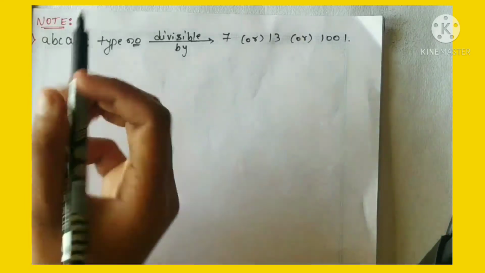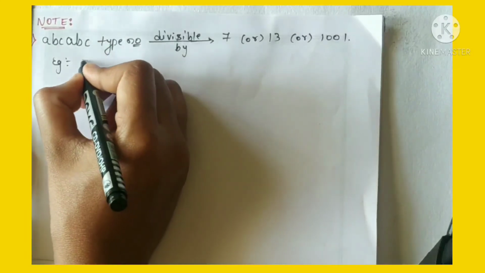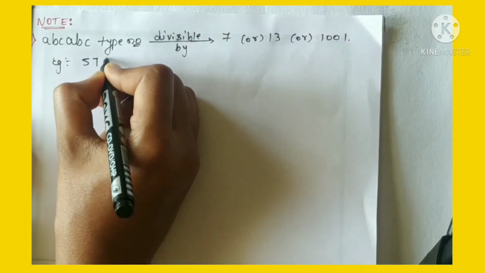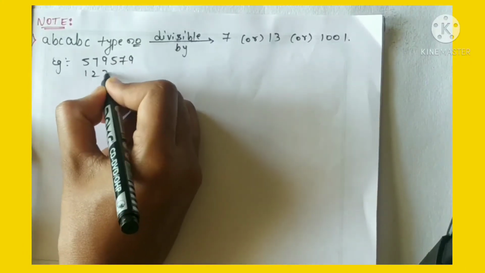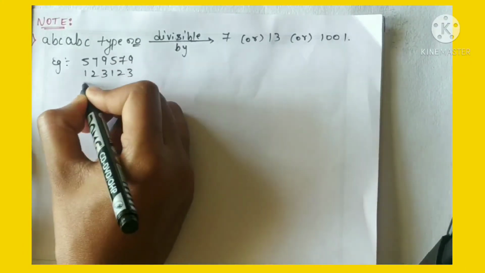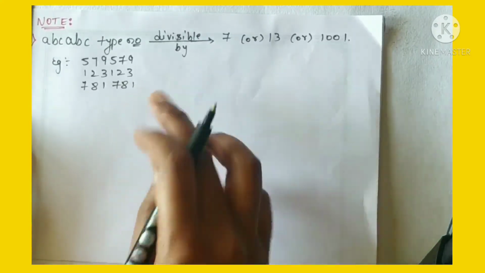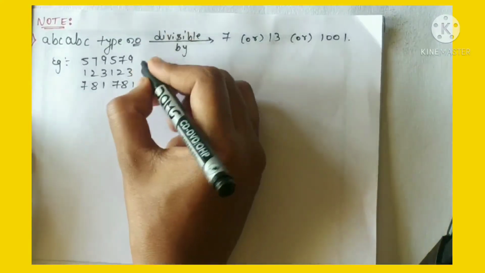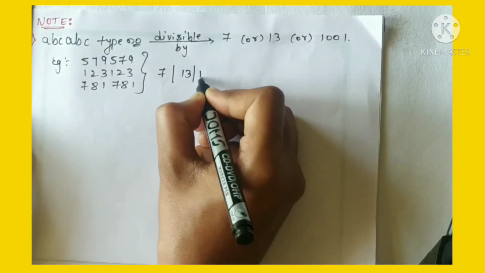For example, 579 579, 123 123, 781 781. These types of numbers are divisible by 7, 13 and 1001.